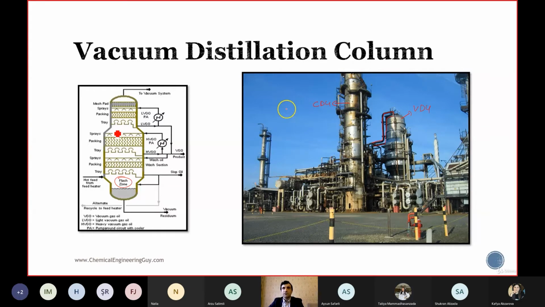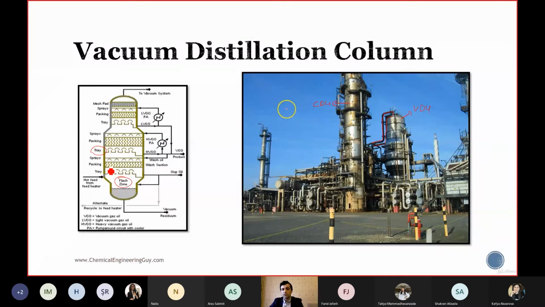It means that you always have a limitation to pressure drop. Once you see that it exceeds the maximum limit of pressure drop, you start to investigate where it comes from. Maybe you have coking inside the packing, or maybe you have some problems with sprays. Often the trays can move in the column.